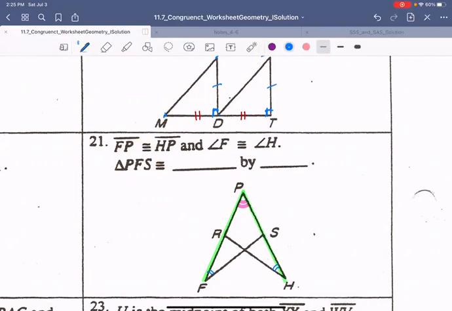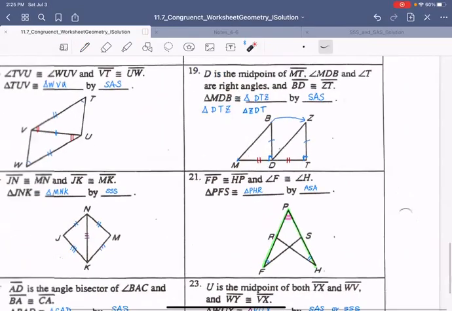Triangle PFS is congruent to triangle PHR by angle side angle. Okay, very good.